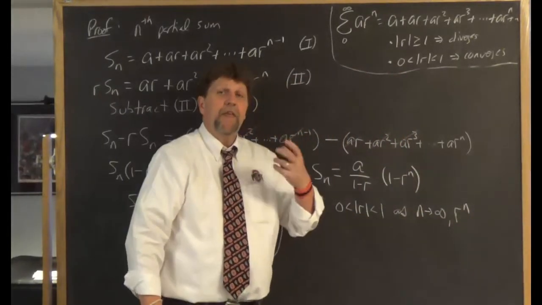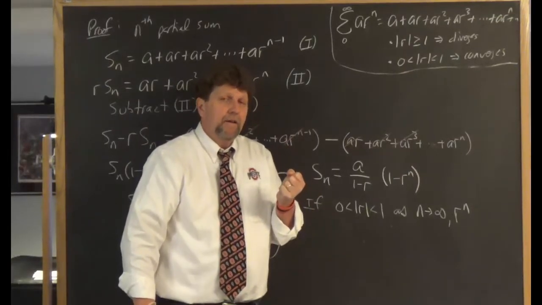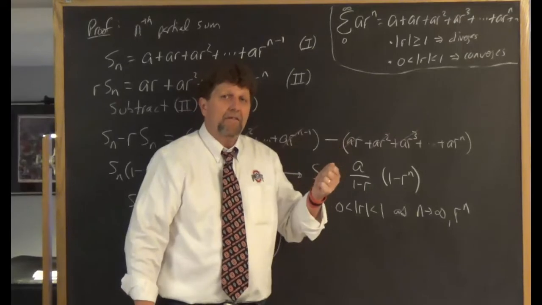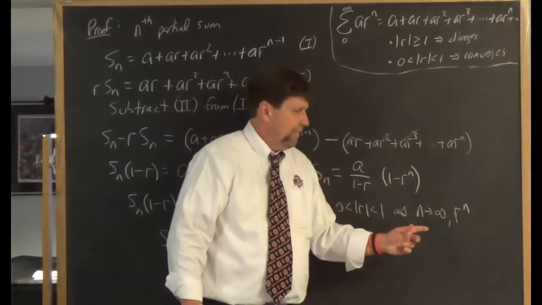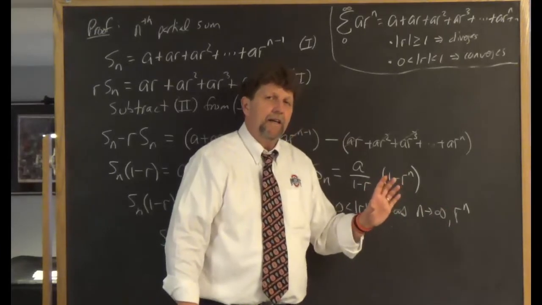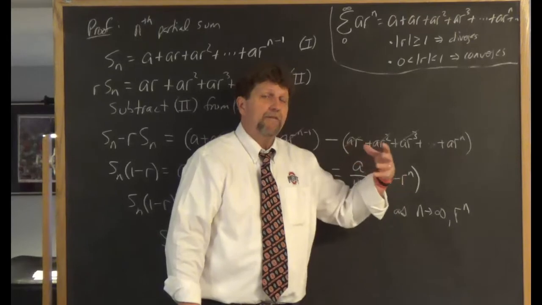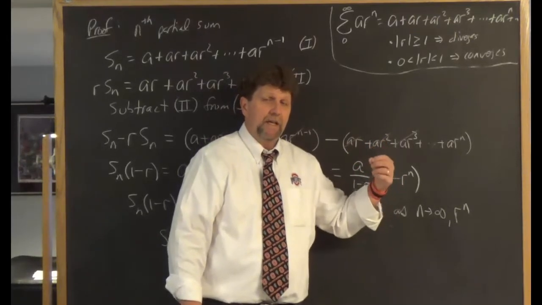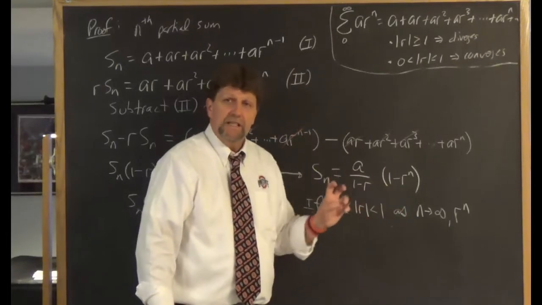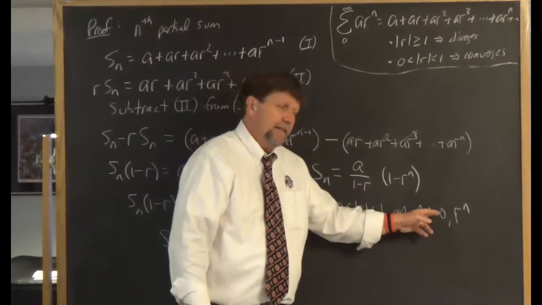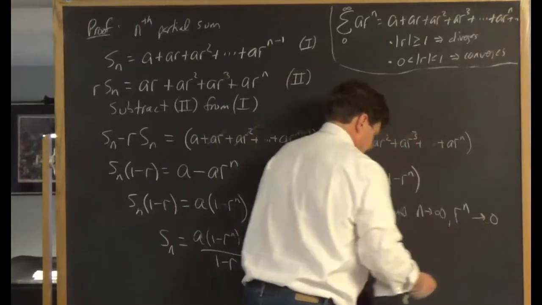Let's make it a friendly number, 1/2. 1/2 to the n power as n heads to infinity would be getting closer to 0. So as long as r is any number between 0 and 1, as n heads to infinity, r to the n is heading off to 0.